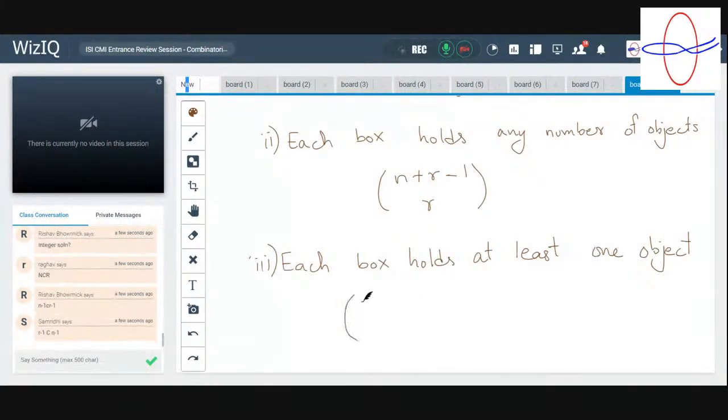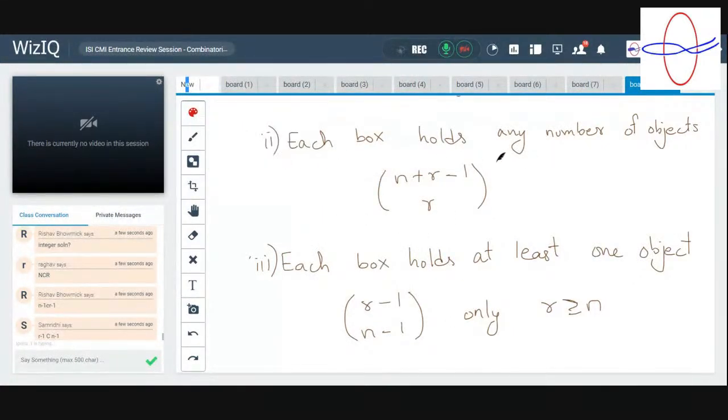So the answer to this case is r minus 1 choose n minus 1. Yes. And once again, this is only the case when r is greater than or equal to n. Otherwise, you have 0 again, because you will have boxes left over this time, empty boxes, which you don't want.